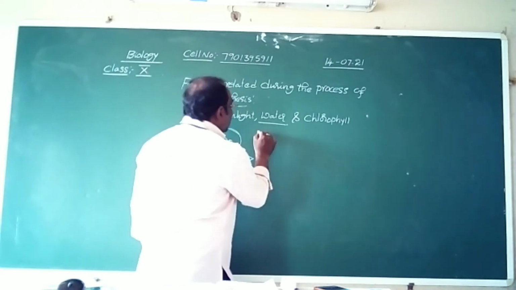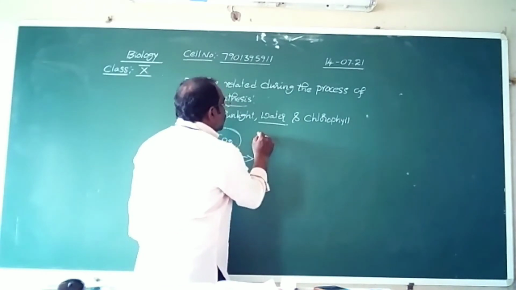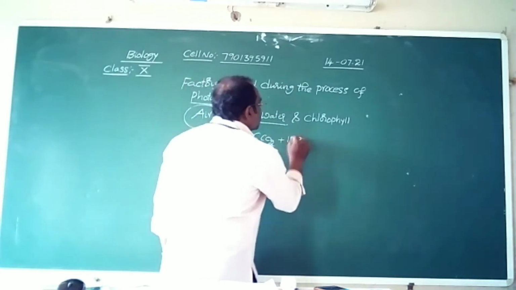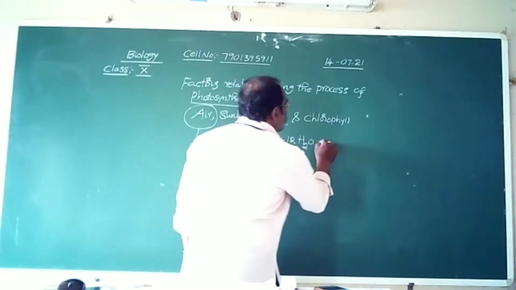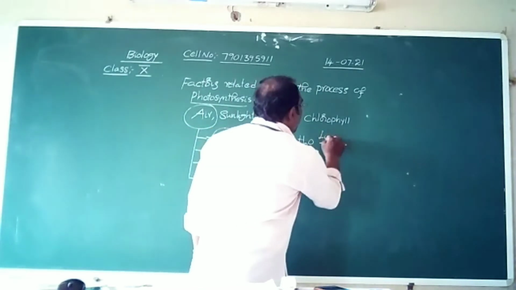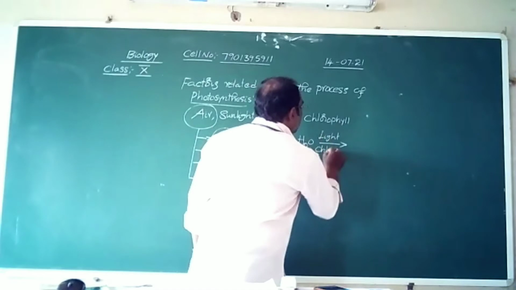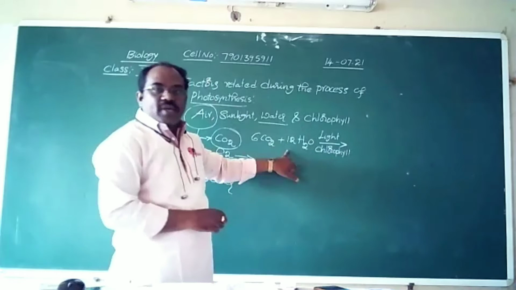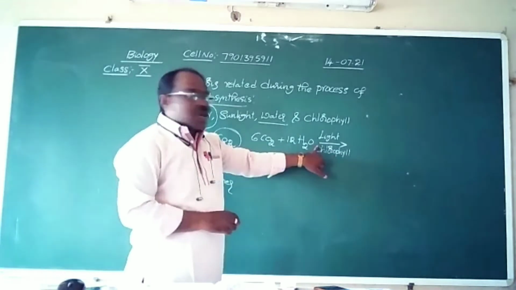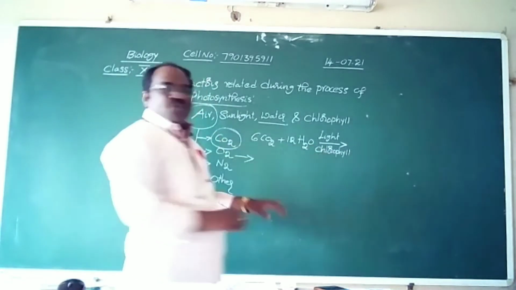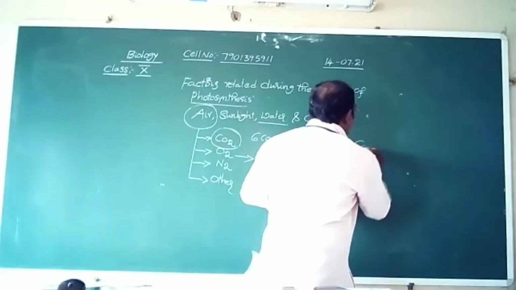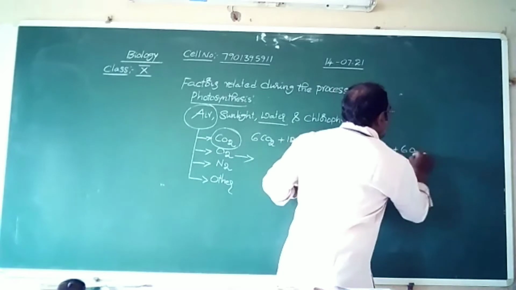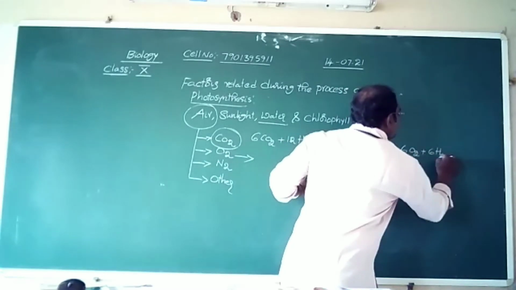Already we have learned in the previous class the chemical equation of photosynthesis: 6CO2 plus 12H2O, in the presence of sunlight and chlorophyll, form glucose, C6H12O6, plus 6O2 plus 6H2O.